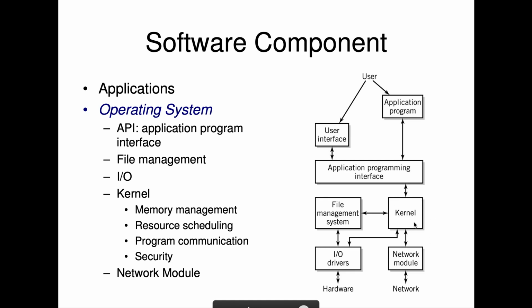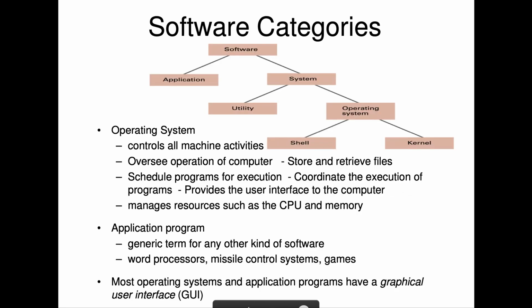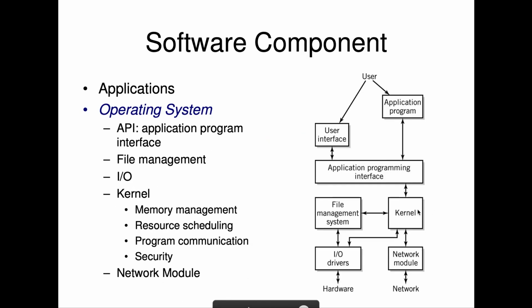Maybe it will do some specific thing. So for example, in my case, when I click on this next button, it may issue some command to the file management system to read the next slide that I'm going to read. Then it might issue another command to the driver to ask the monitor to display the next slide for me.